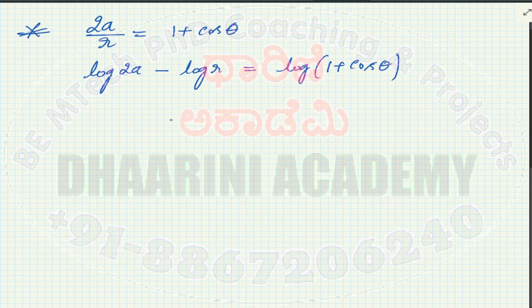Then as usual try to differentiate this. So log 2a becomes 0, minus log r gives minus 1 by r into dr by d theta, is equal to, on the right side, the differentiation of log of 1 plus cos theta is 1 divided by 1 plus cos theta, multiplied by the differentiation of cos theta, which is minus sine theta.